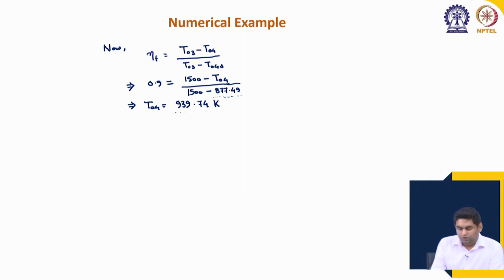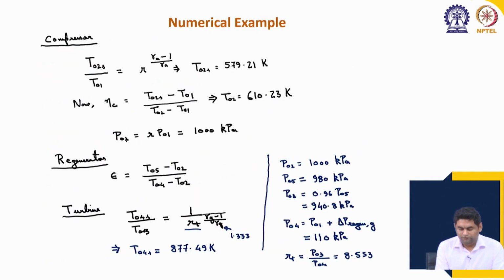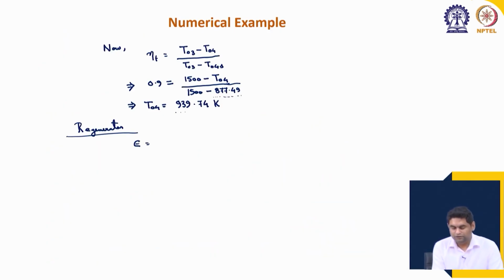So, now we can go back to the regenerator calculation. We had defined the regenerator effectiveness as T05 minus T04 by minus T02 by T04 minus.